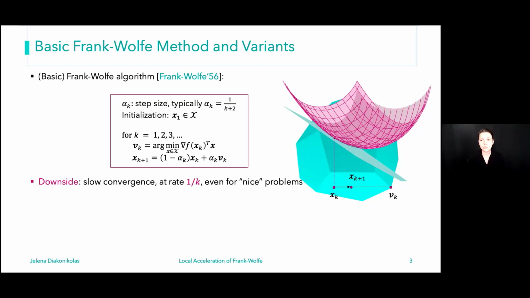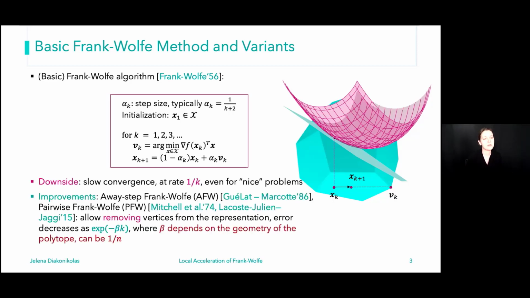There are downsides to it that were actually noticed quite early on. And the downside is that the method converges at rate 1 over k, even if you have a really, really nice problem. Okay, even if you have just a quadratic function.